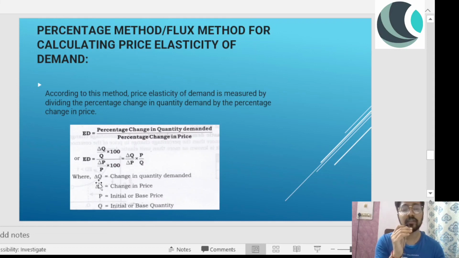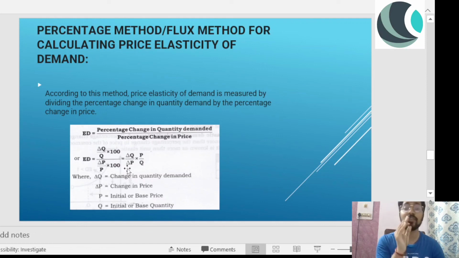And what is delta q? Delta q is the change in quantity demanded, and delta p is the change in price, how much is the change. And p is the initial price or the base price, and q is the initial quantity or base quantity. And this is the formula: delta q upon delta p into p by q. That is the formula for price elasticity of demand. And this is an important formula.